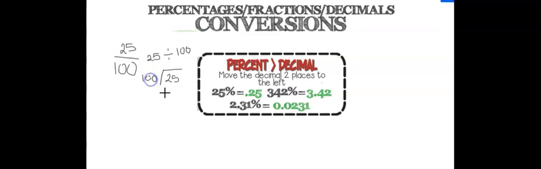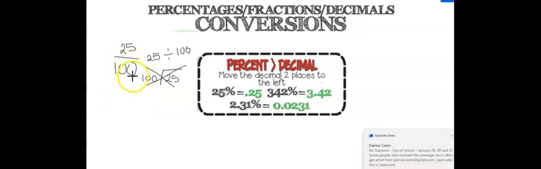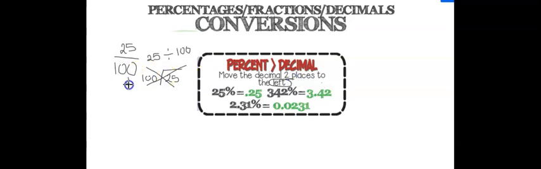Here's the beauty of it. We don't have to do long division. When we divide by 100, you need to recall your skills. When you divide by powers of 10, it's just moving the decimal, but this time move it to the left. And it's 2 places, again, because every time you have a 10 in your denominator, and 100 is 10 times 10, we have 2 factors of 10 in 100, we move it 1 place for each factor.